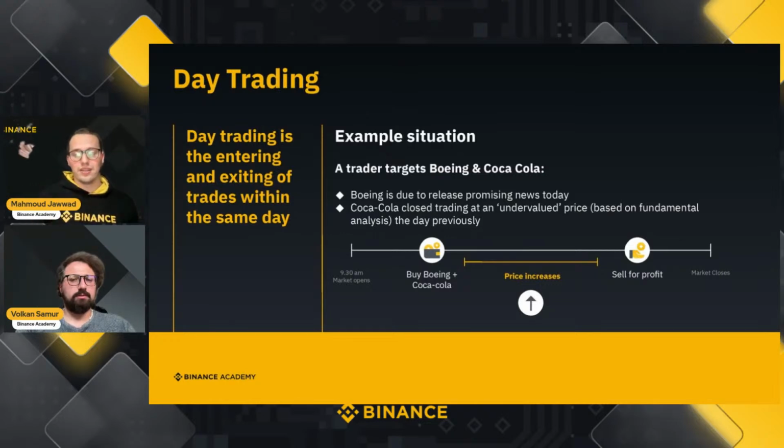Boeing is due to release details of the development of a new plane at midday, and Coca-Cola finished its trading day yesterday at an undervalued price based on their fundamental analysis after a big sell-off. Over the day, both stocks begin to rise, and the trader sells them for a profit.